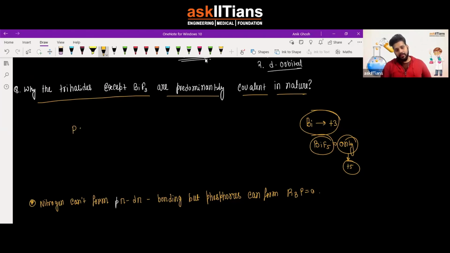Guys, let's consider PCl3 for an example, and PCl5. Now, what are they saying? Why are the trihalides predominantly covalent in nature? +3, +5.